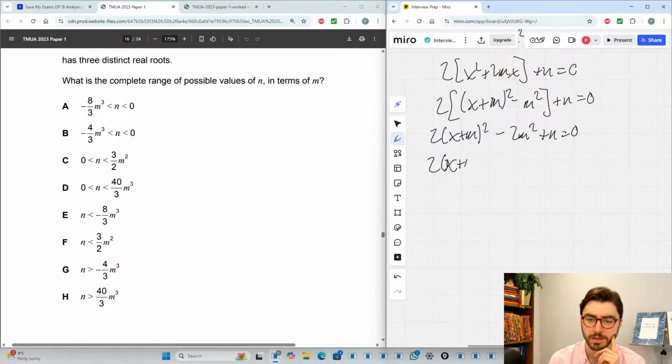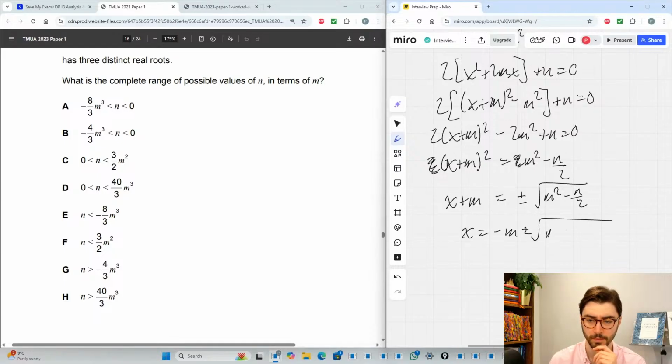So 2x plus m squared would be equal to 2m squared minus n. Divide by 2. So x plus m would equal plus or minus root of. I mean, you could have just gone to the formula. That was a waste of effort.